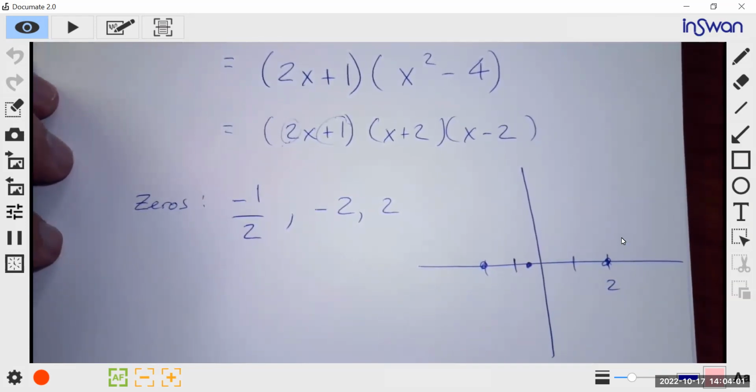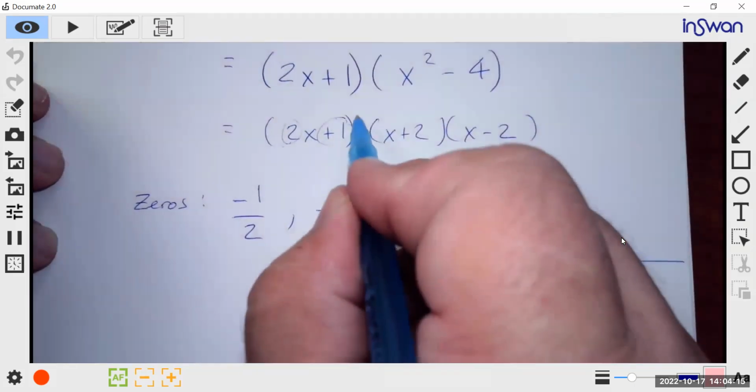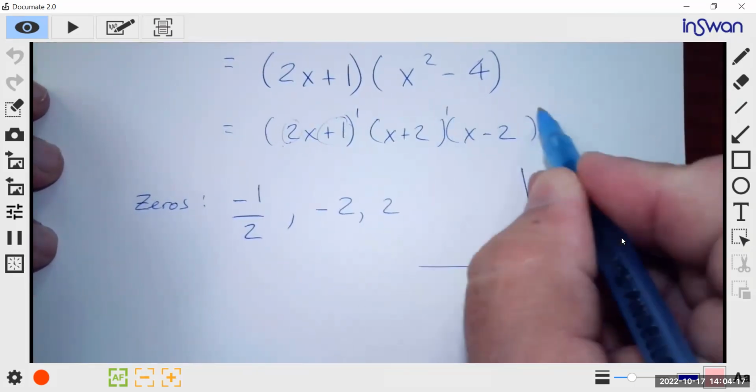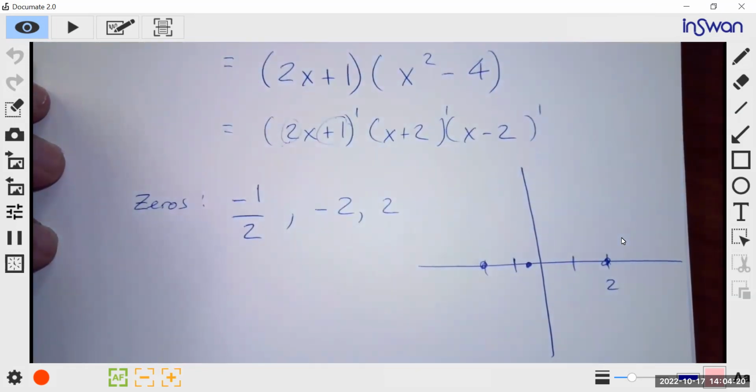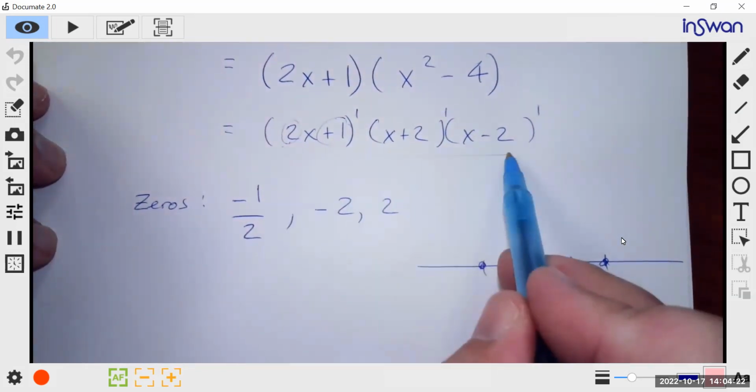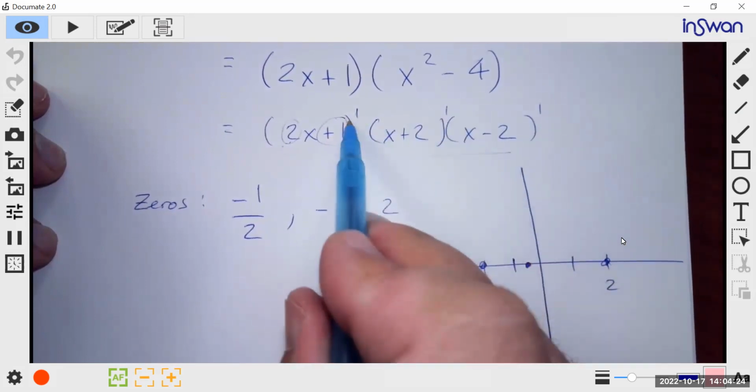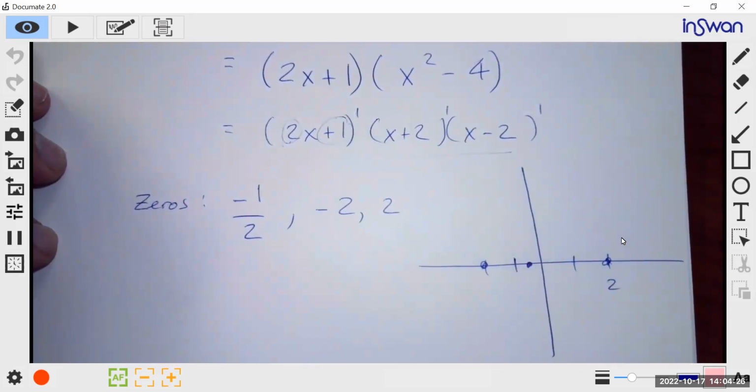Will the graph cross or bounce at those points? Well, because the multiplicities are odd, yes, they're going to cross. Look at the factored form. Look at the multiplicities. If they're odd, they're going to cross. If they're even, they're going to bounce.